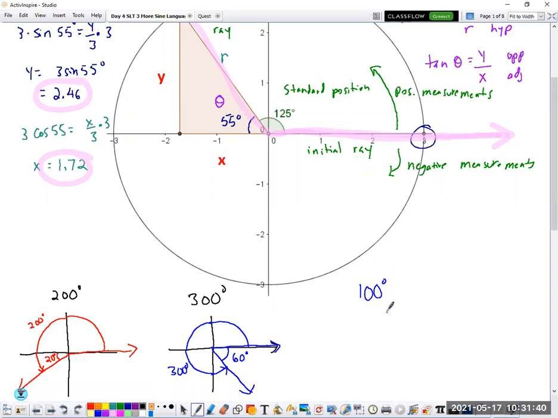I want everybody to sketch 100 degrees in standard position. Okay.